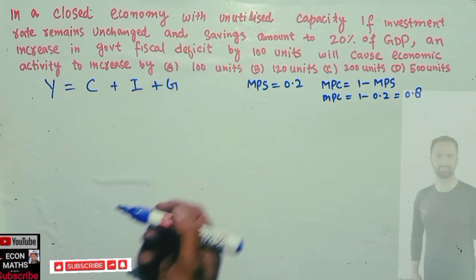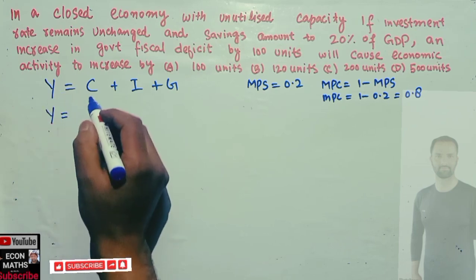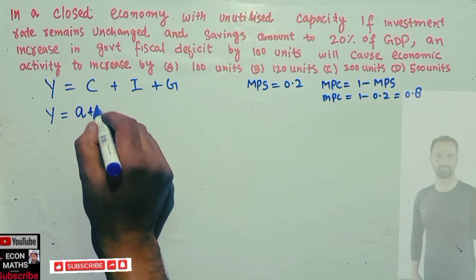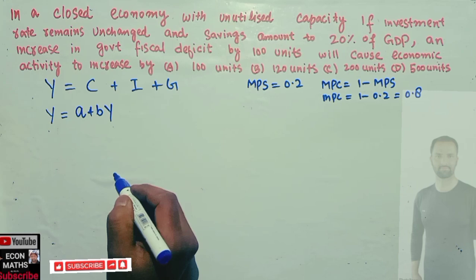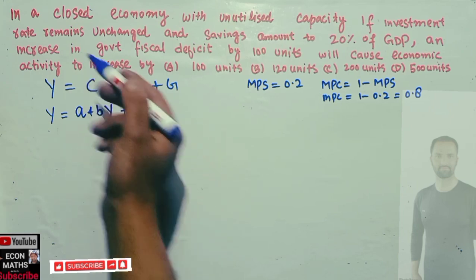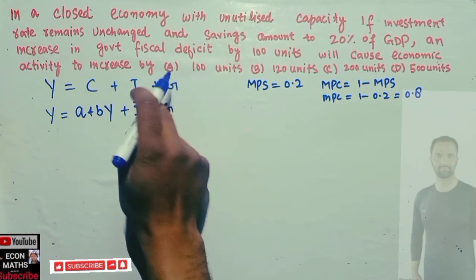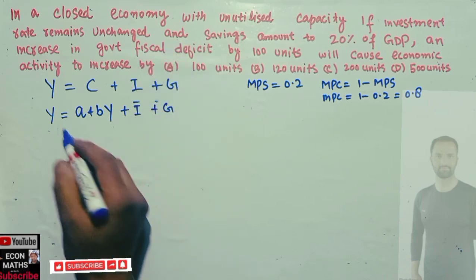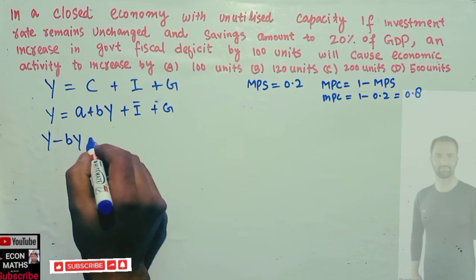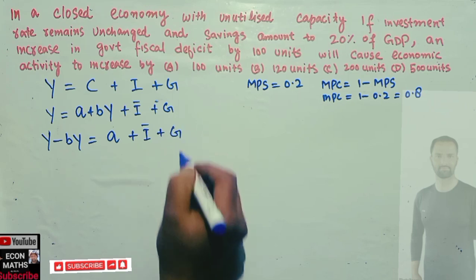deficit increases. So let's write, we have Y, that is total GDP, equal to consumption expenditure. Consumption expenditure is being given by a + bY, plus we have the autonomous investment plus government expenditure. So if we transpose this term here, this will become Y minus bY is equal to a + I + g.